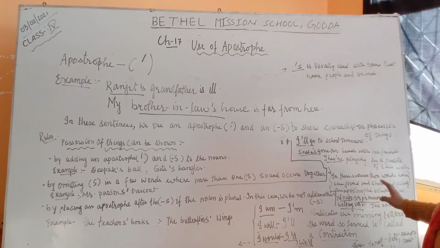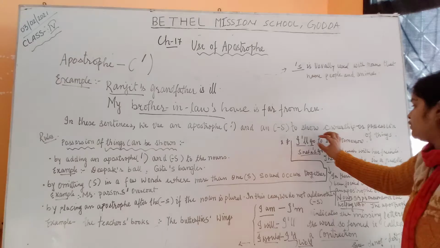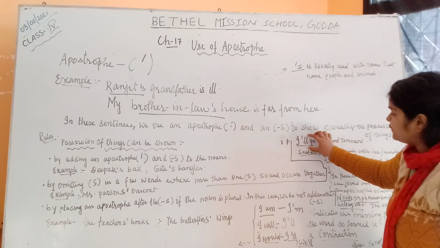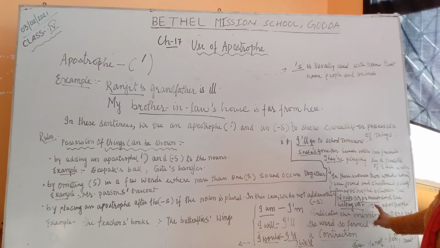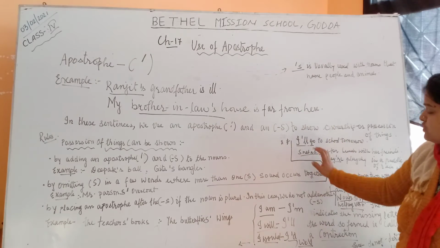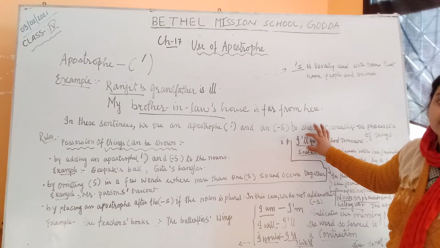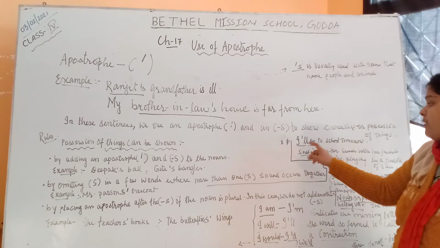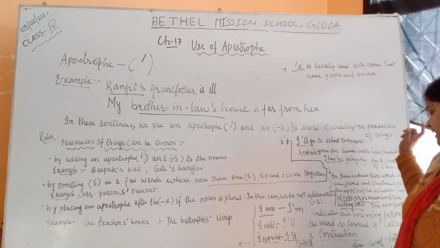The apostrophe indicates the missing letters and the word so formed is called a contraction. This apostrophe mark shows that letters have been left out, and we use the short form of the word to give the correct meaning.